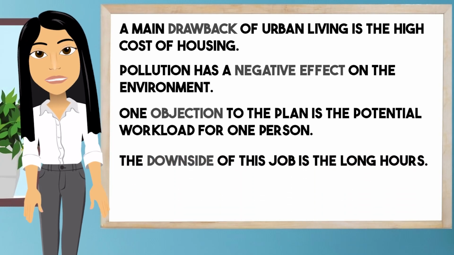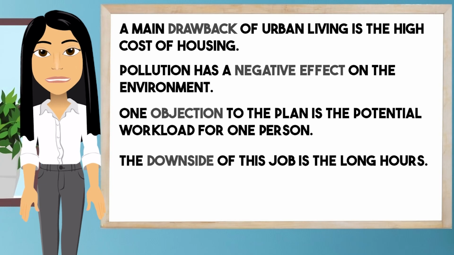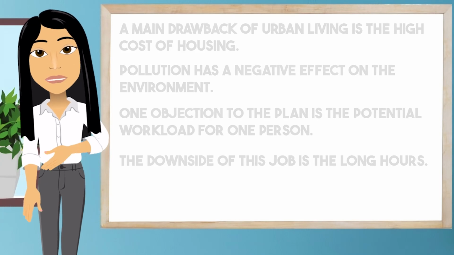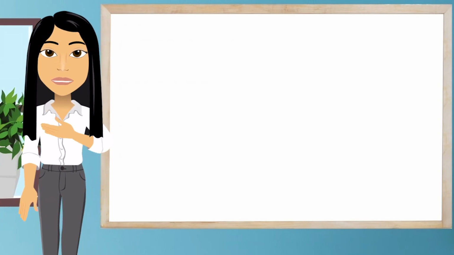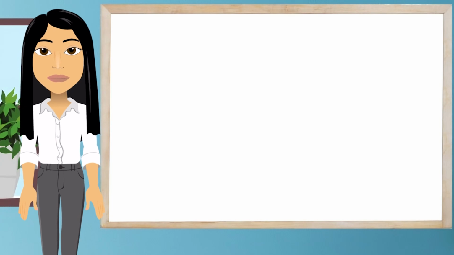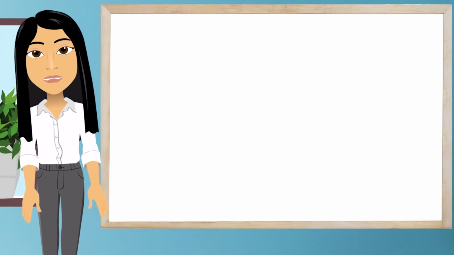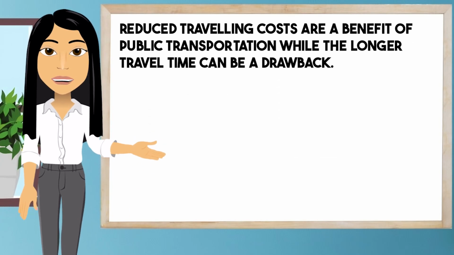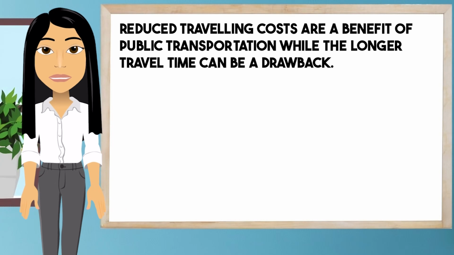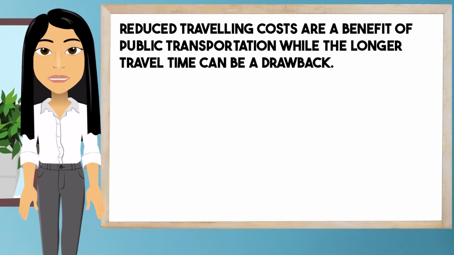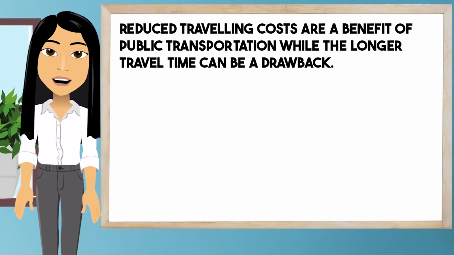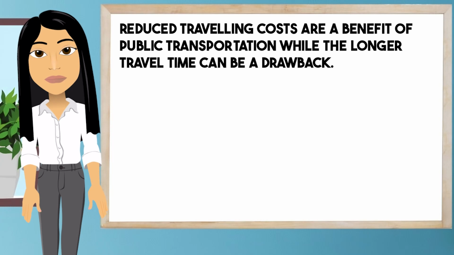Like that, incorporating synonyms and antonyms to words that are more commonly used can highlight your argument while showcasing your knowledge on the topic. They can also be used in one sentence together. Take this sentence as an example. Reduced traveling costs are a benefit of public transportation, while the longer travel time can be a drawback.